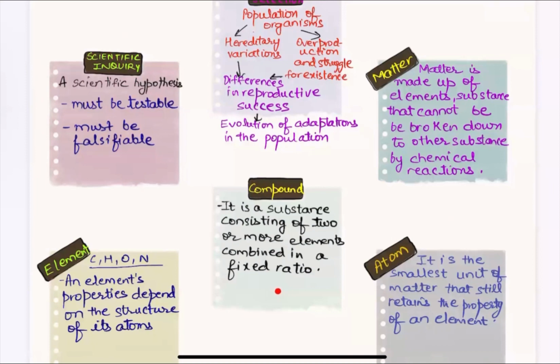And each element consists of unique atoms, which is the smallest unit of matter that still retains the properties of an element. Atoms are composed of smaller particles called subatomic particles.